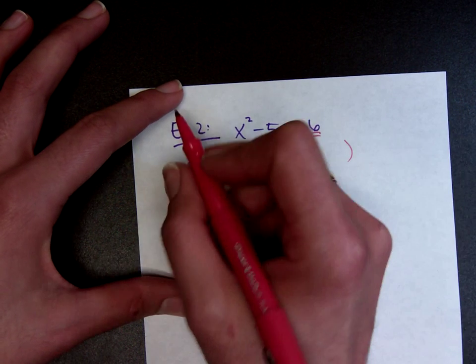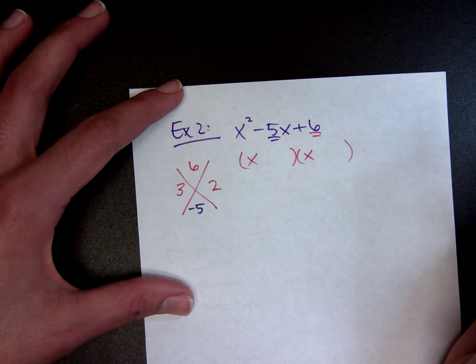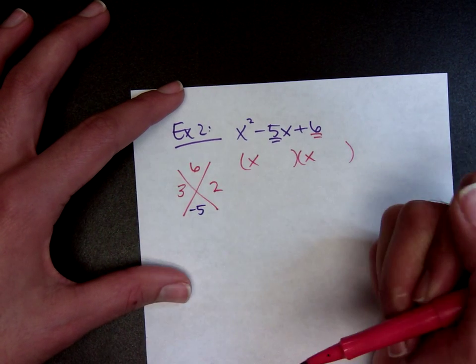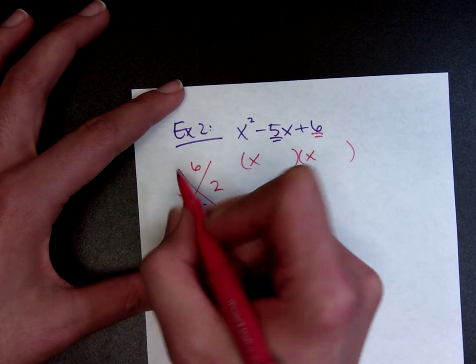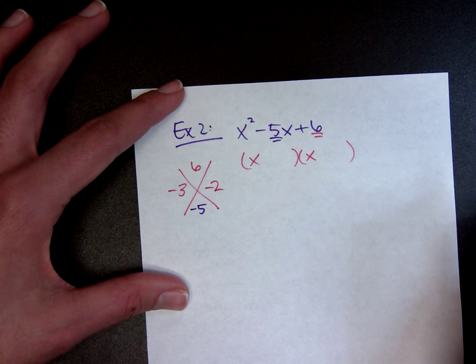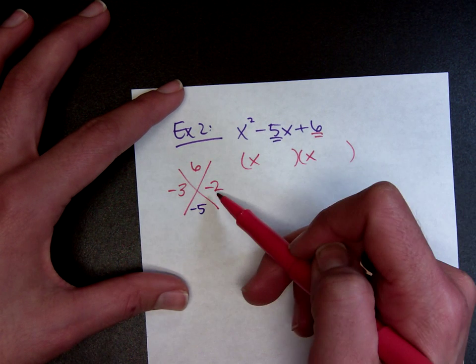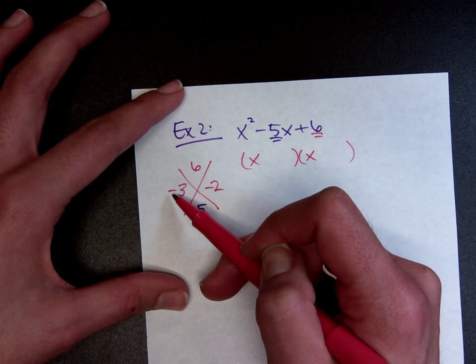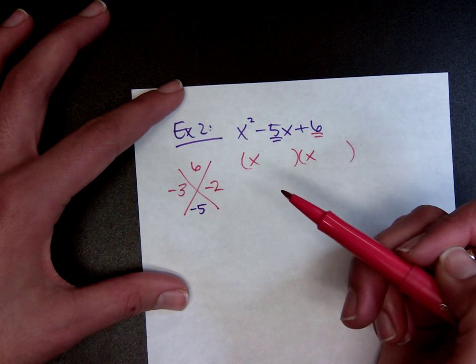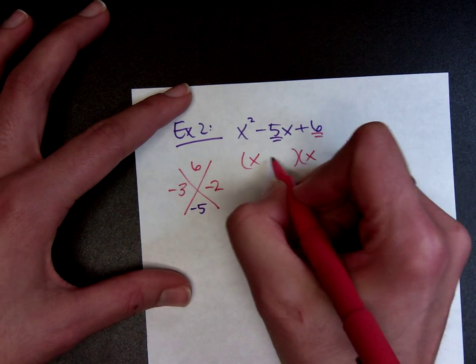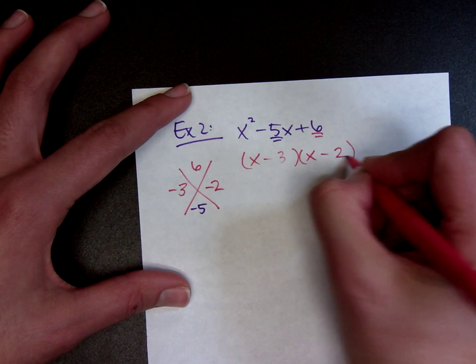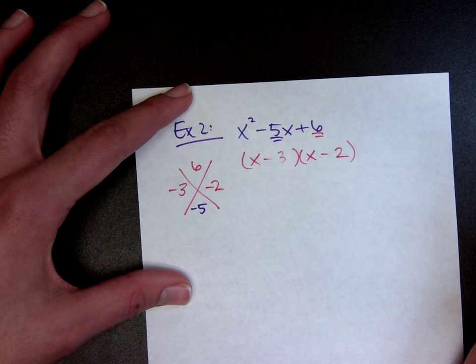How about 3 and 2? 3 and 2 multiply to 6 and add up to 5, but I wanted to add up to negative 5. So if I make both of those negative, that adds to negative 5, and when I multiply negative 3 times negative 2, I get positive 6. So those are going to be my two solutions there.